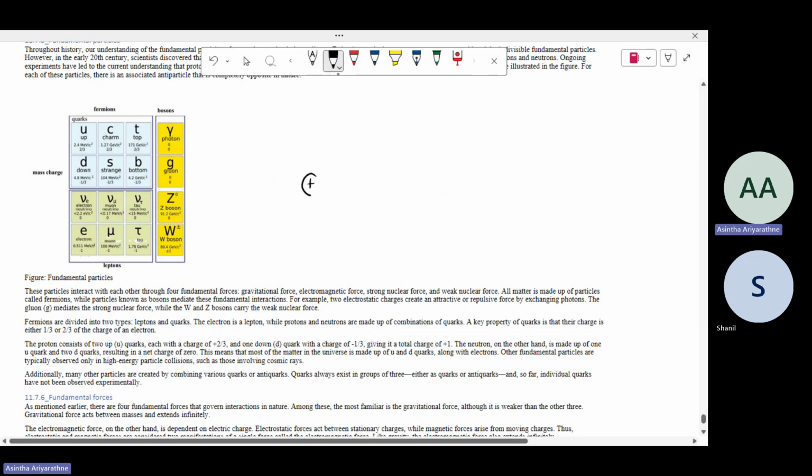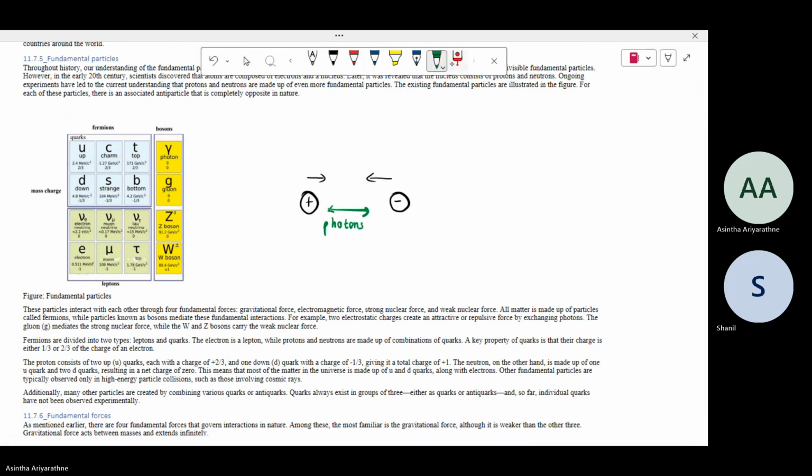If there are two charges, positive and negative, they would be attracted by interchanging photons. So the attraction force between the positively charged and negatively charged elements is induced using the photon.